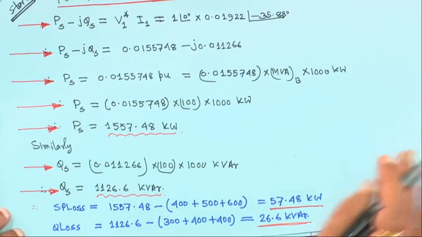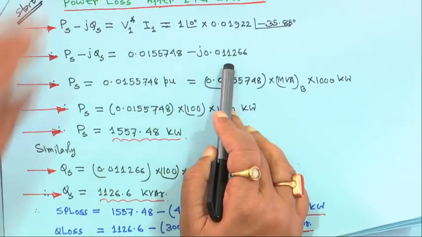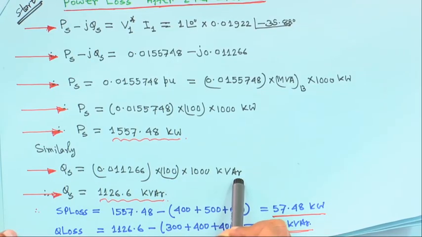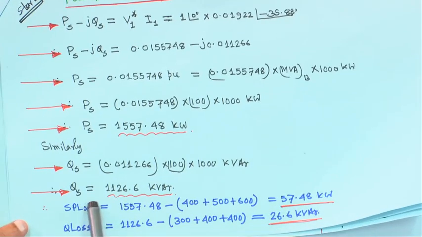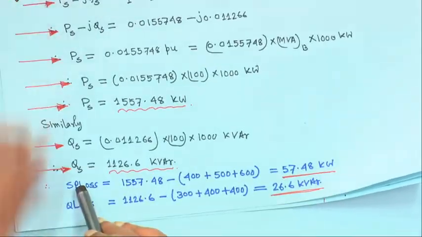Just compare the real and imaginary parts. So QS is 0.011266 into base MVA 100 into 1000, therefore QS will be 1126.6 kilovar.